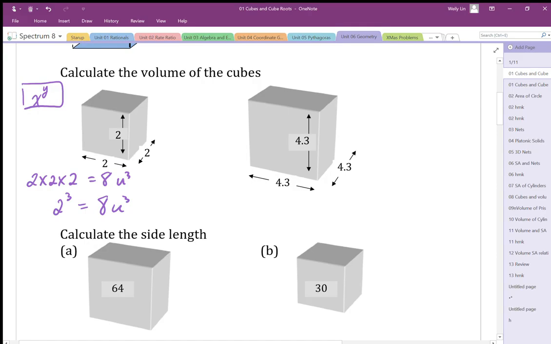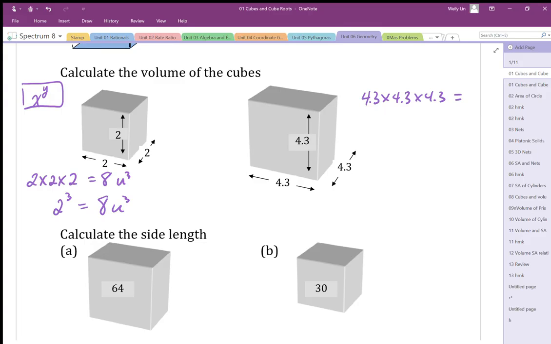So the same thing could be done with 4.3 cubed. We could do 4.3 times 4.3 times 4.3, and that's equal to whatever that's equal to. I'm not too sure. I don't have my calculator on me.